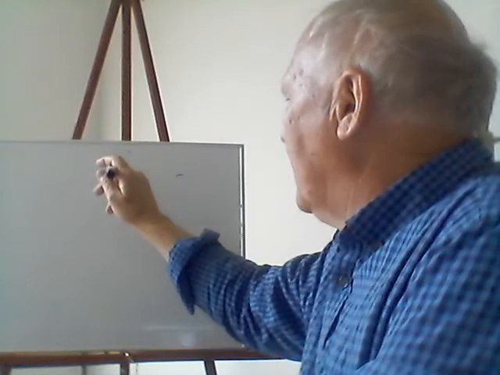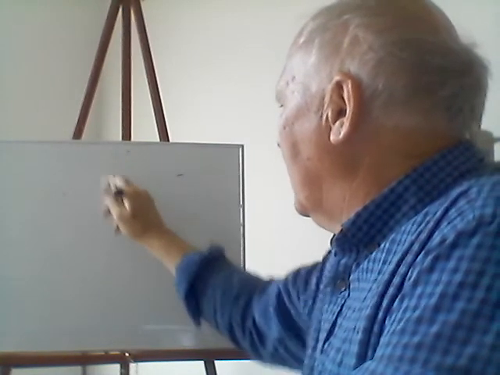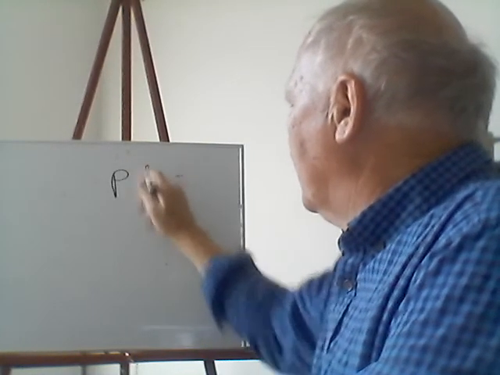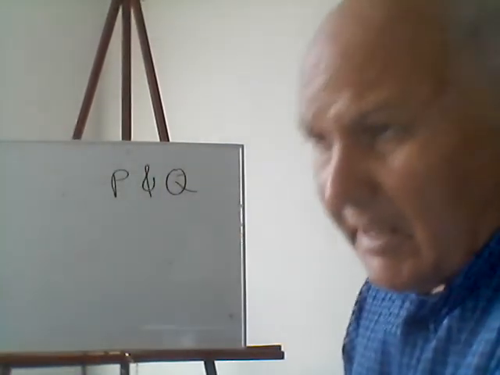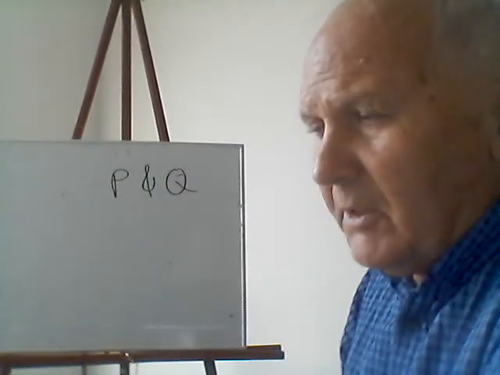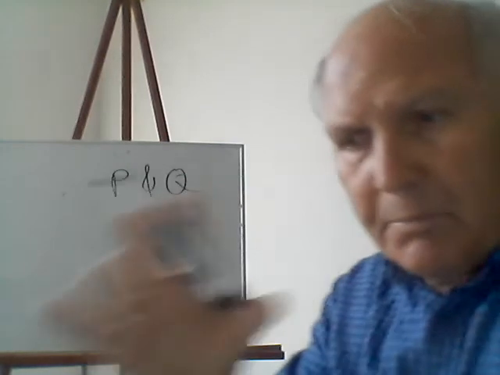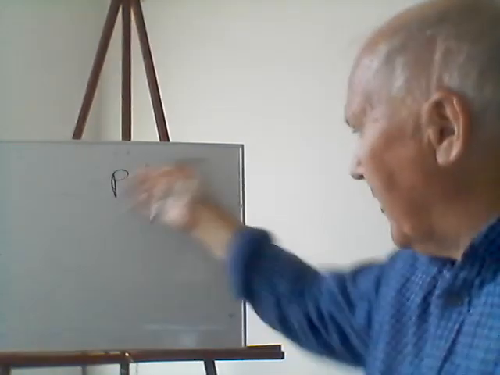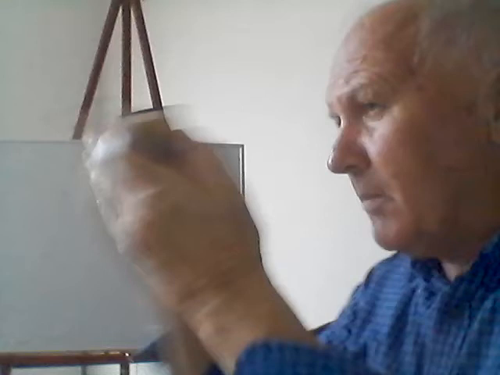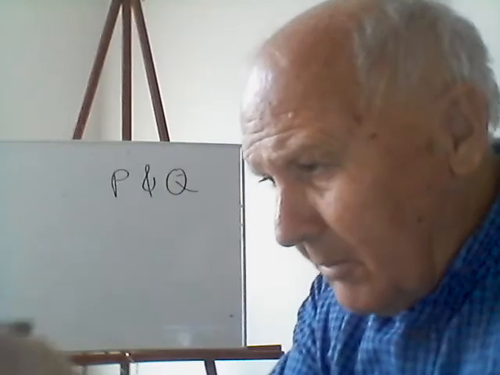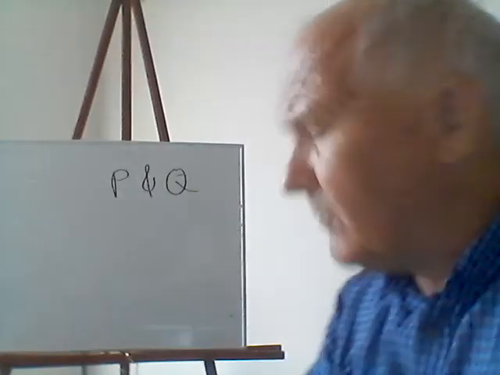So let me tell you what the P and Q are. The ampersand is called an operator or a connective. Basically, propositional logic is a very simple language. It has letters, atomic statements called statement letters. Atomic because you can't break them up anymore. They're the simplest elements.